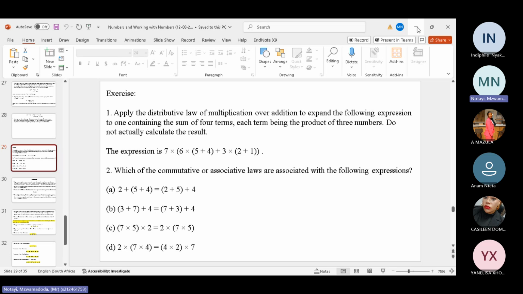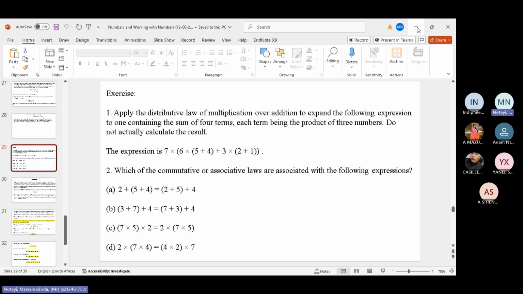And then the third term comes from the second bracket. Inside the bracket was 2 plus 1, so we have 3 multiplied by 2. And then the last term will be 3 multiplied by 1. So that is the four terms. So we have 6 multiplied by 5 plus 6 multiplied by 4 plus 3 multiplied by 2 plus 3 multiplied by 1. That is our four terms.